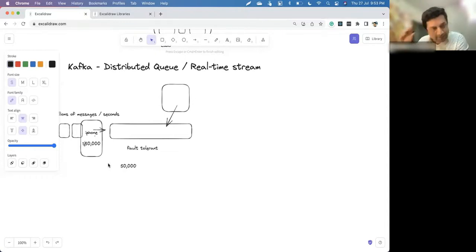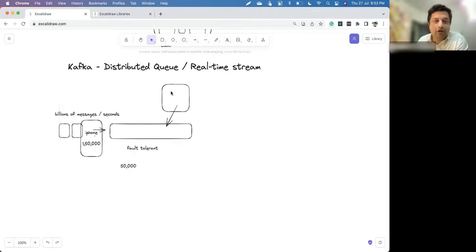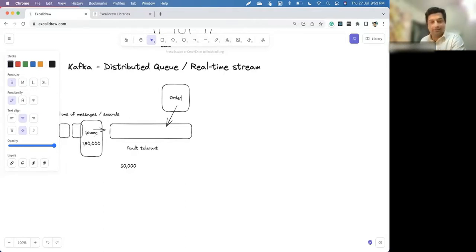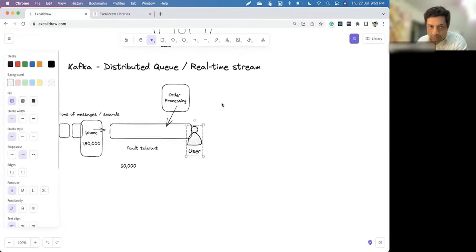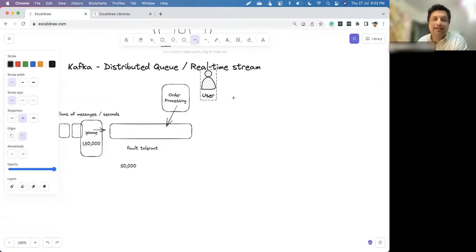This message is getting processed in the order processing unit, but a developer probably missed an if-else condition, and because of it there is a bug. So when this order processing is happening, it gives an error and it crashes.